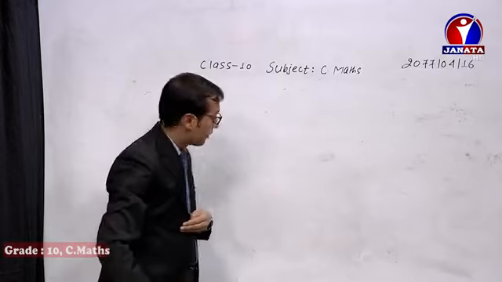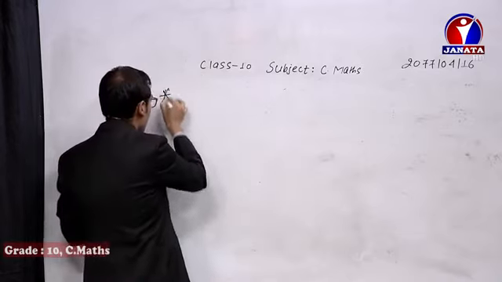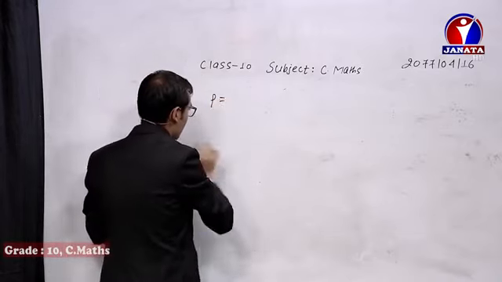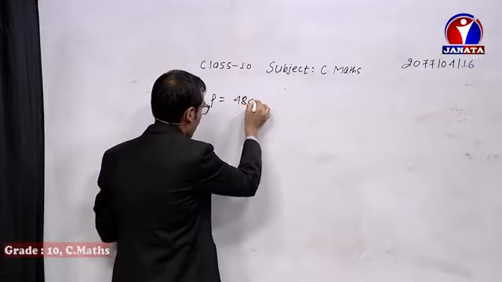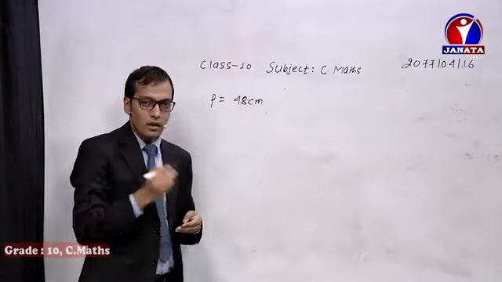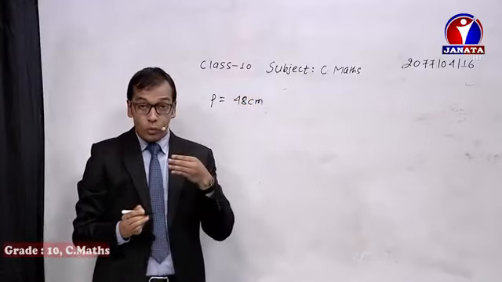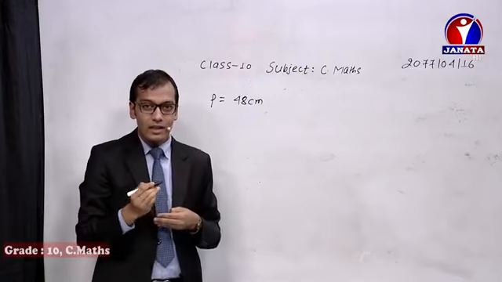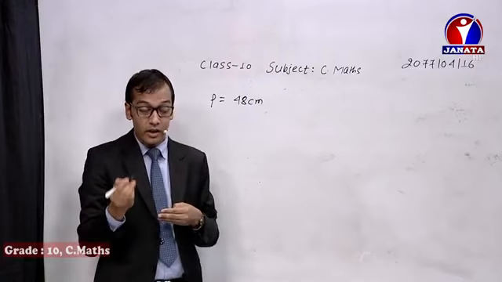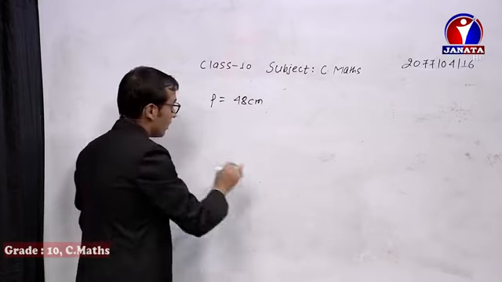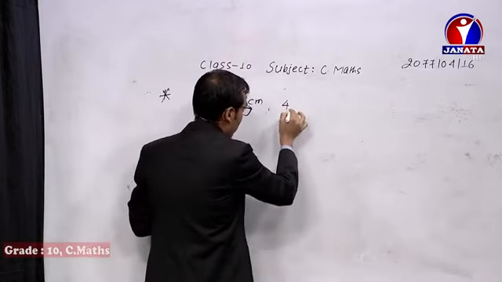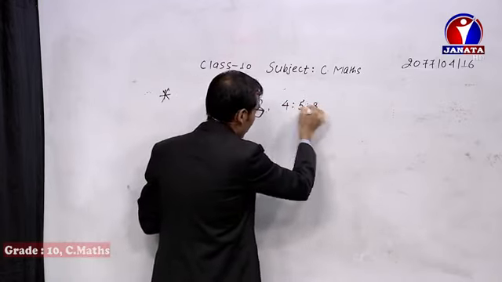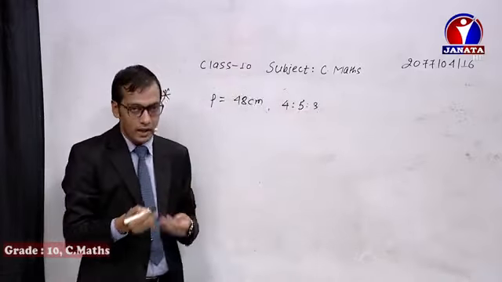The perimeter of the triangle is given as 48 centimeter. And what are the three sides? The sides are given in terms of a ratio, 4:5:3. This is the ratio of the three sides.